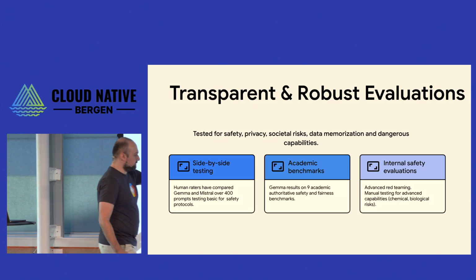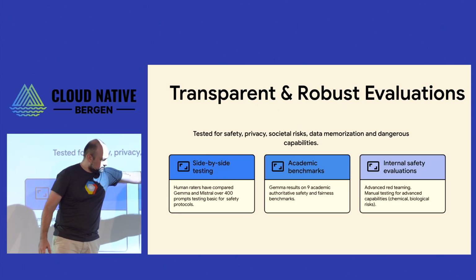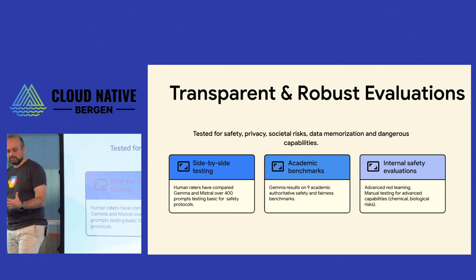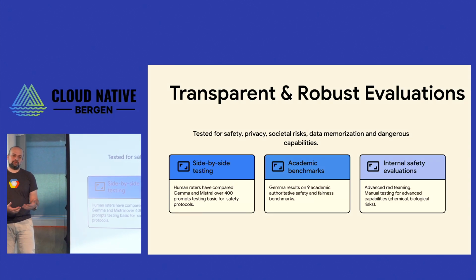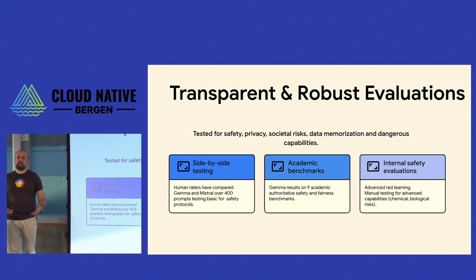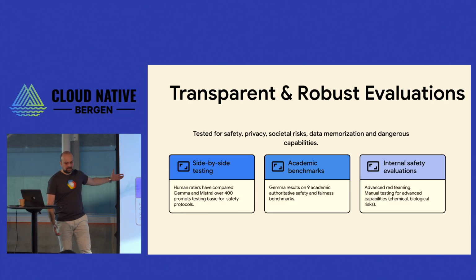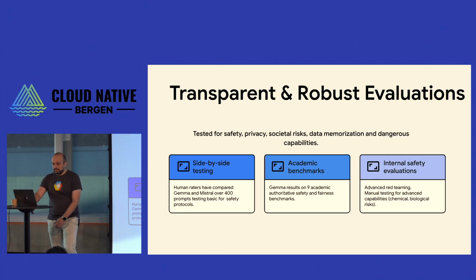This is the academic part, but there are also internal evaluations. You have teams, like red teams in security, that try to break it and make it do things it's not supposed to, and see how it works. So it's really good to look for models that have these kinds of properties.